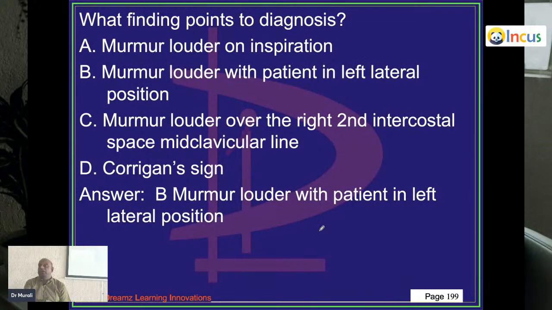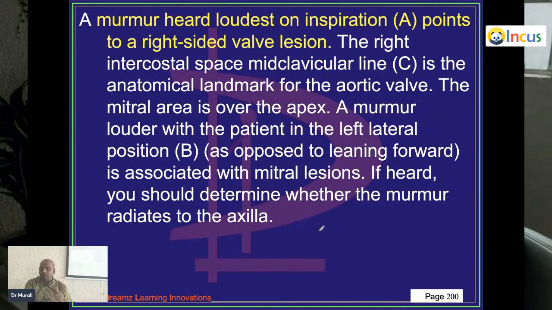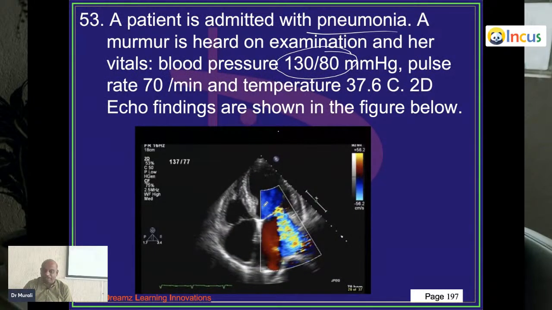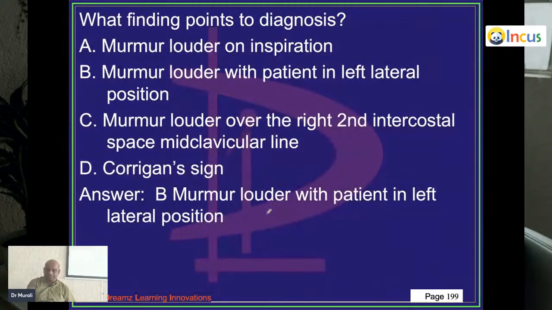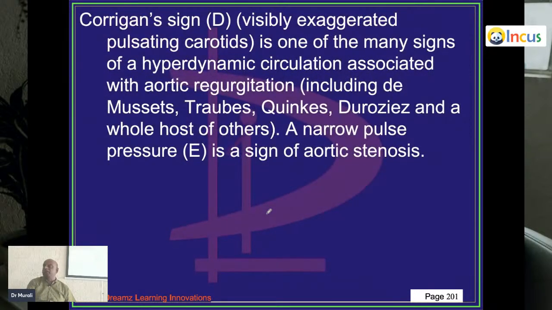The murmur in inspiration will be higher if it is a right-sided valvular lesion. And what you are seeing here is a mitral valve lesion. That is best identified if you make the patient lie down in the left lateral position. Okay, so that's a point you need to remember.